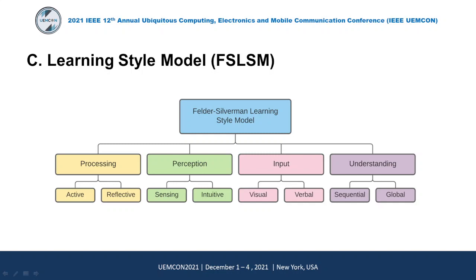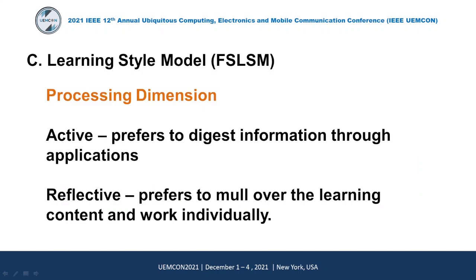It characterizes learning into 4 dimensions: processing, active or reflective learner; perception, sensing or intuitive; input, visual or verbal; and understanding, sequential or global. A brief description of each characteristic. For the processing dimension, active learners prefer to digest information through application.